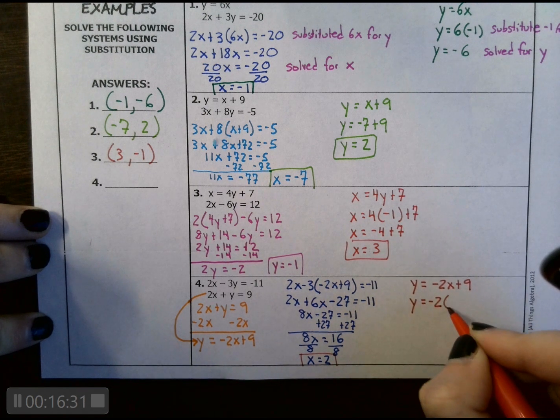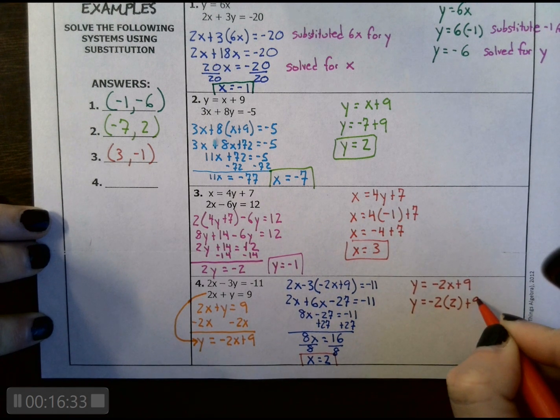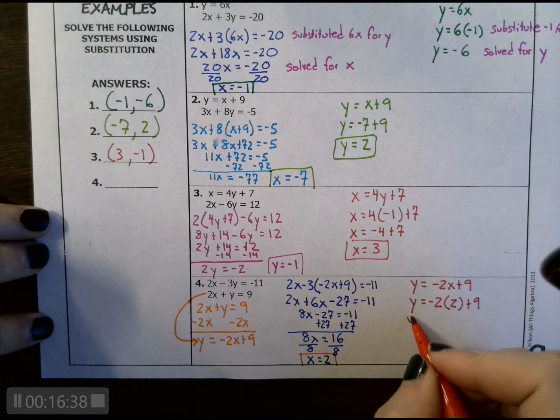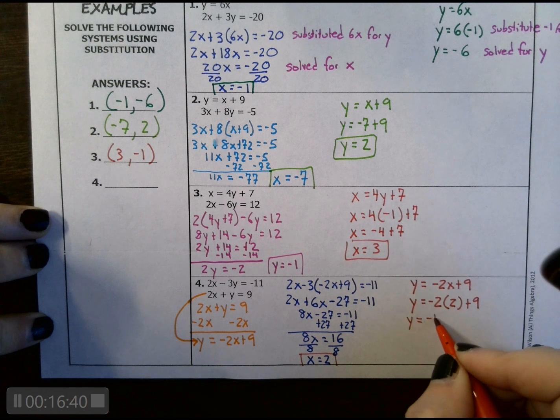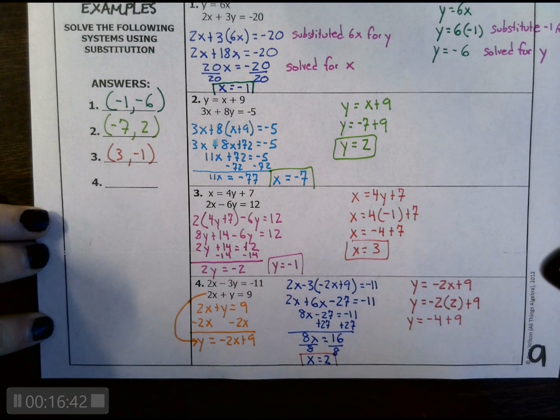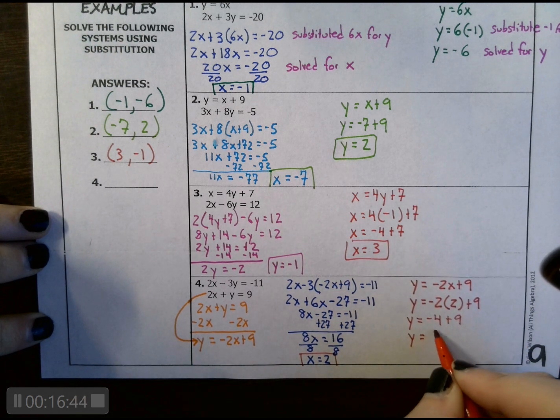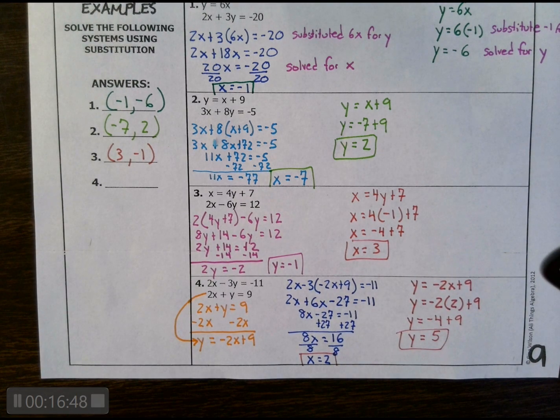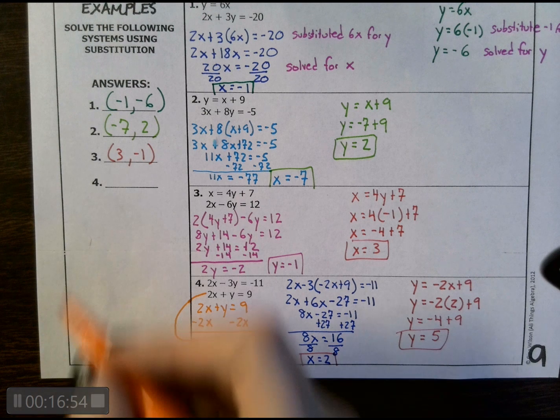So y equals negative 2 times 2 plus 9. Solve for y. y equals negative 4 plus 9. So y equals 5. So all this means is that those two lines will intersect at 2, 5.